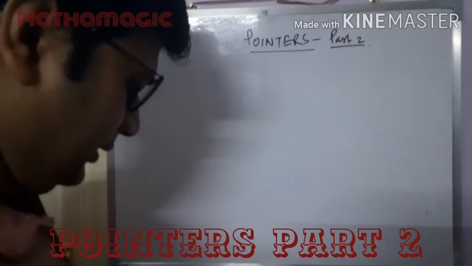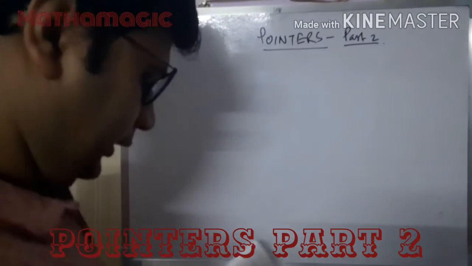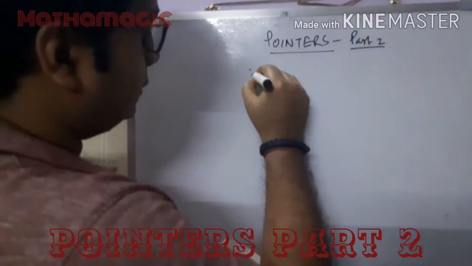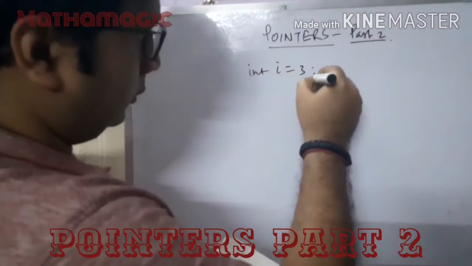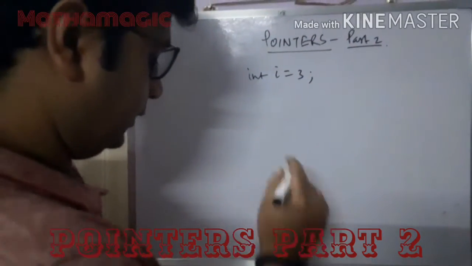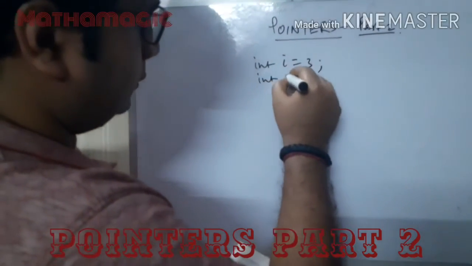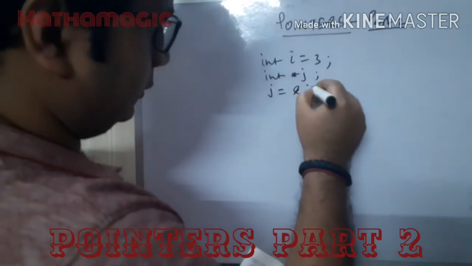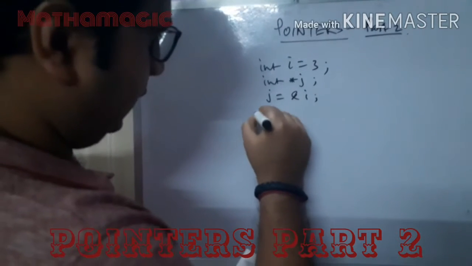We'll take one example from this book. Let us see: int i = 3. Now take int *j = &i.